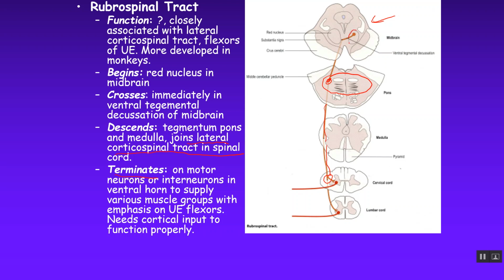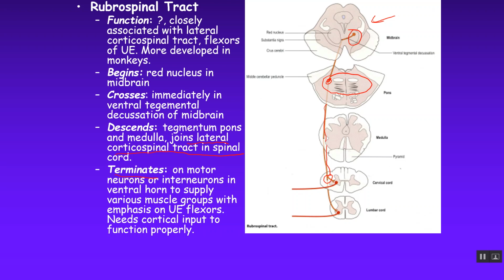This tract also, in order to function and behave properly, has to have some input from higher centers, from your cortex. So when you have damage to your higher centers, it lets this guy run amok a little bit. It gets a little too overactive. It overactivates flexion muscles, and that's why your stroke patient who has a stroke in higher centers, now normally you keep this guy moderated to give an appropriate amount of facilitation to upper extremity flexors, but not too much.